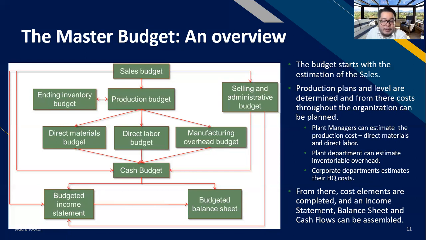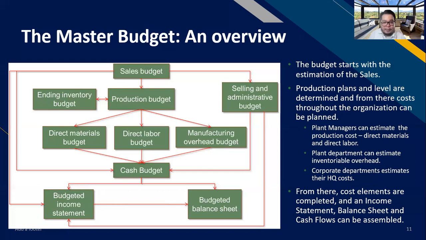Okay? So once the sales budget has been approved, you now go to the production budget. And now, since I know that I need to sell 1.2 million units, we will now decide the level of production. Okay? By level of production, how much are we going to produce, and how much ending inventory will we use as buffer?